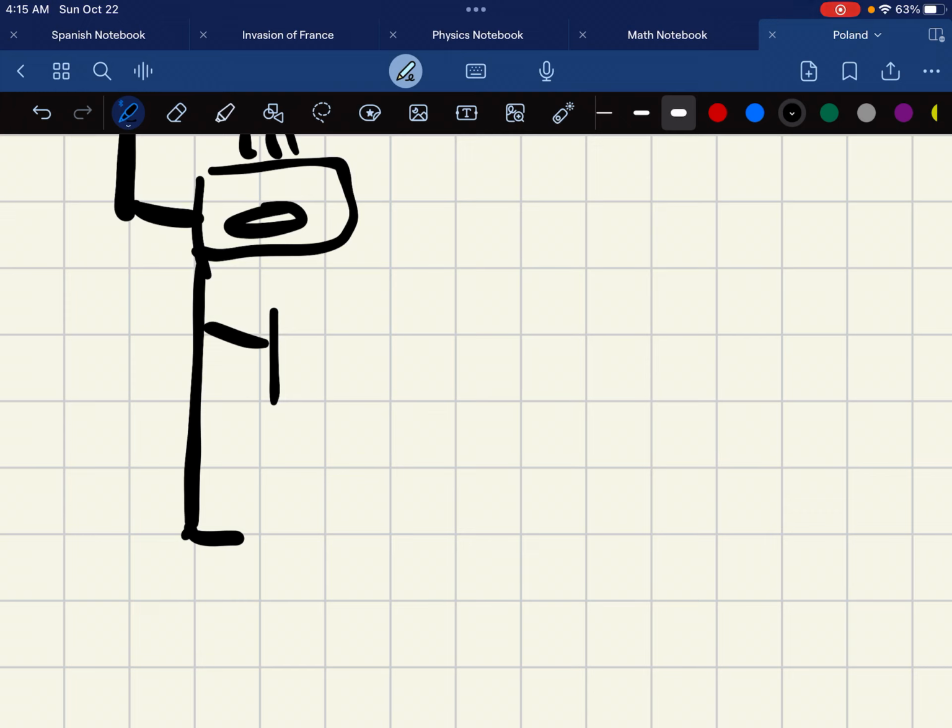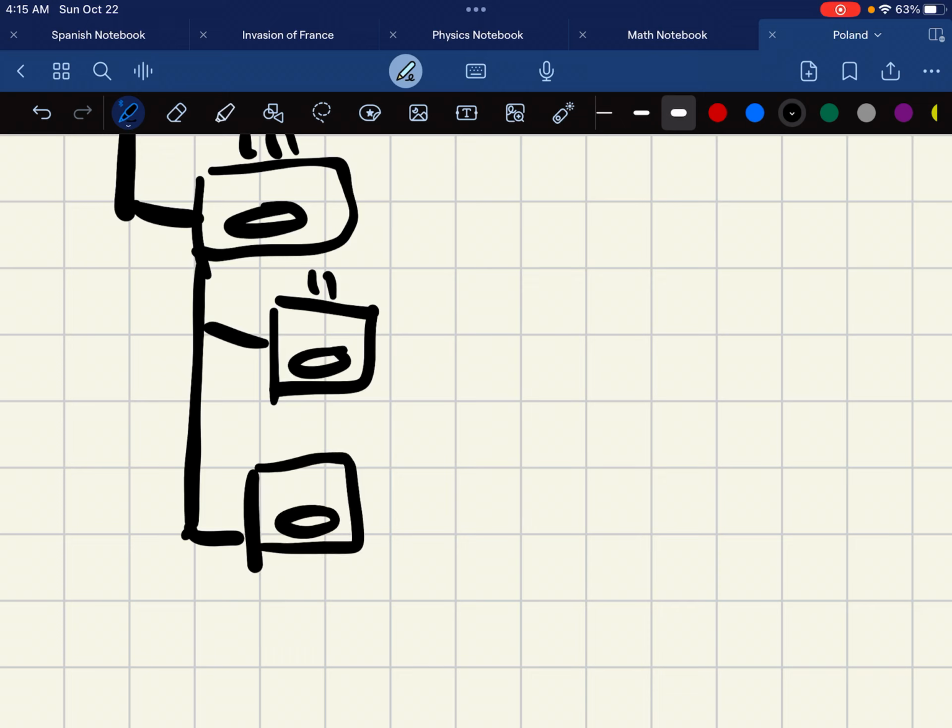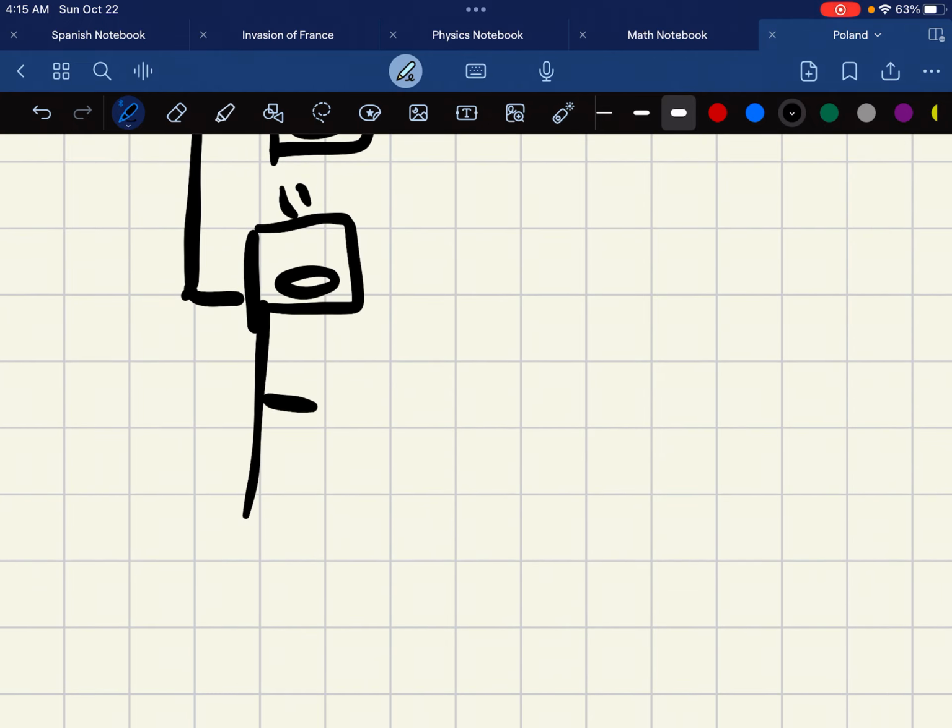Or no, they each have 2 battalions, I believe, and each of those battalions possess different numbers of companies.